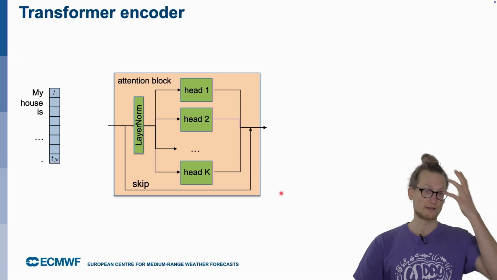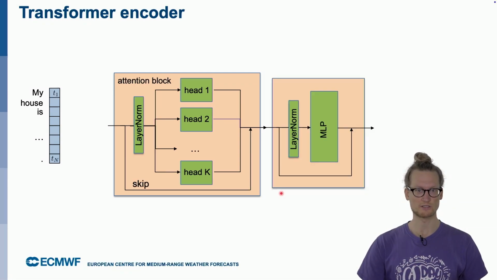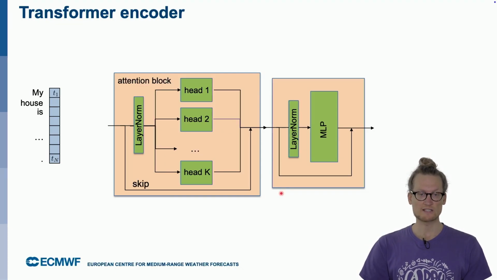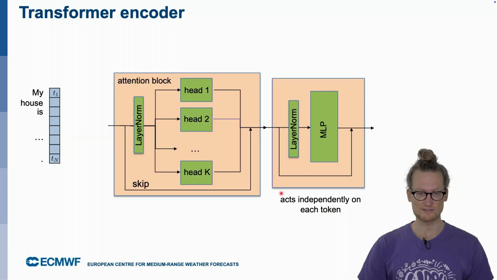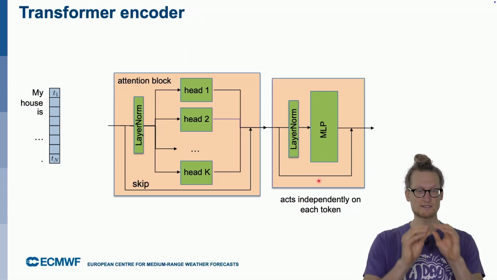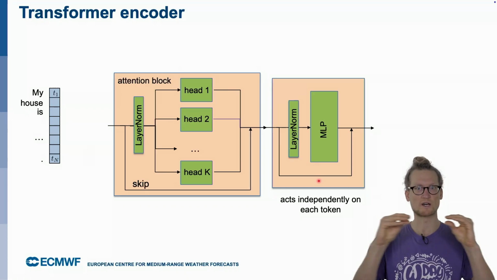And this attention block can now be combined with yet another component that is crucial to the transformer. We have this multi-layer perceptron, which operates on a different axis. Intuitively speaking, the attention block mixes the information between the tokens, and then the multi-layer perceptron block is cleaning up the information within each of these tokens.